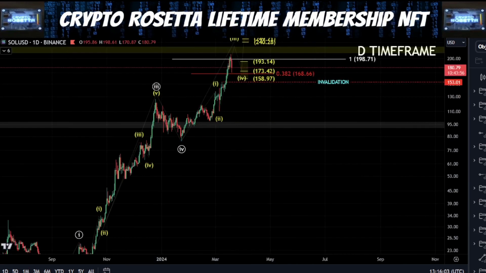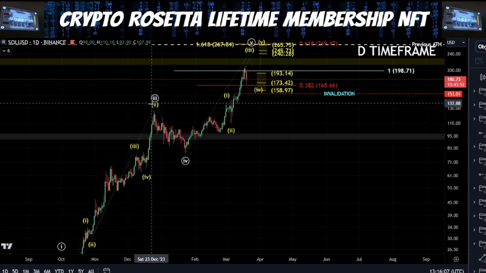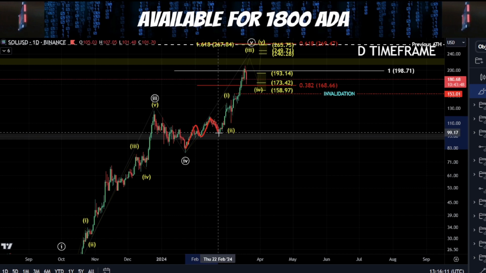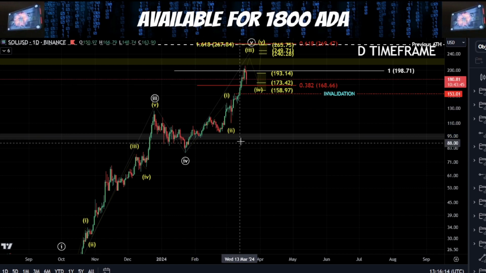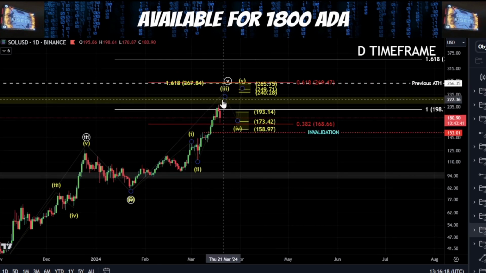The way that I would be looking at this is that instead of looking at this as a triangle, we have this as a three-wave move to the downside. This then becomes 1, 2, 3, 4, 5 as an expanding diagonal. This becomes our wave 2, and we're still looking for this third wave to come in.